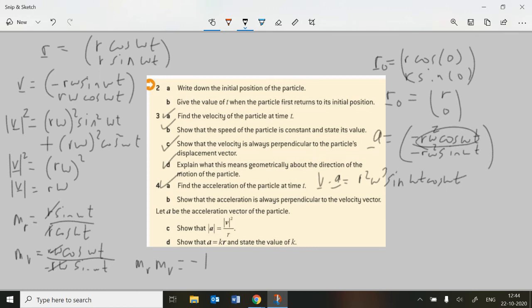That's this one times this one here, and then plus this times this. In this case, we've got rω cubed, and then cos ωt sine ωt.